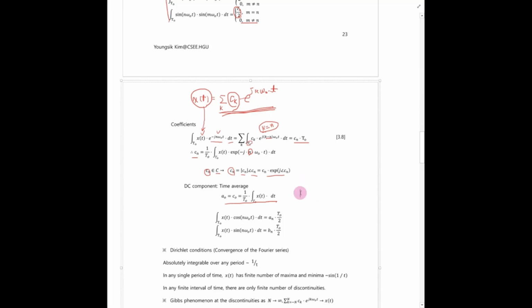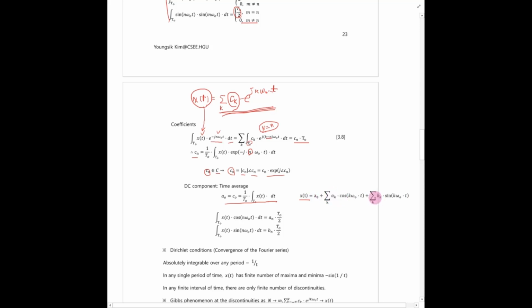I mean, if x(t) is expressed as a0 plus the sum over k of ak cosine k omega 0 t plus the sum over k of bk sine k omega 0 t, the kth harmonic component.